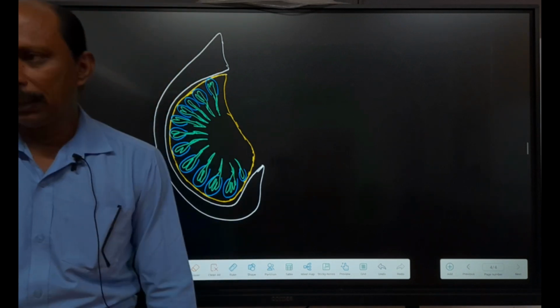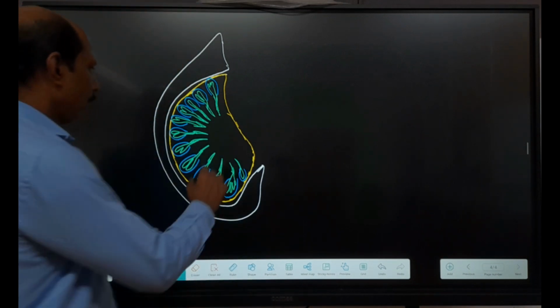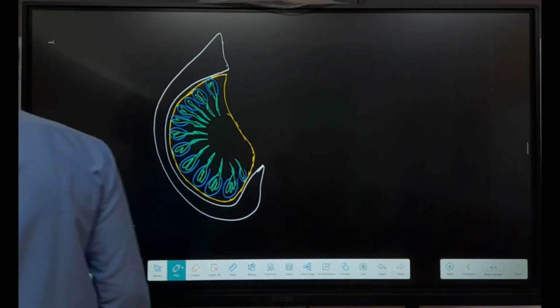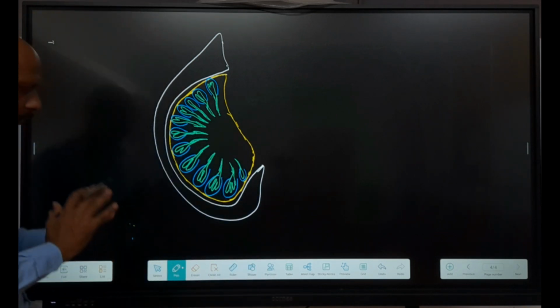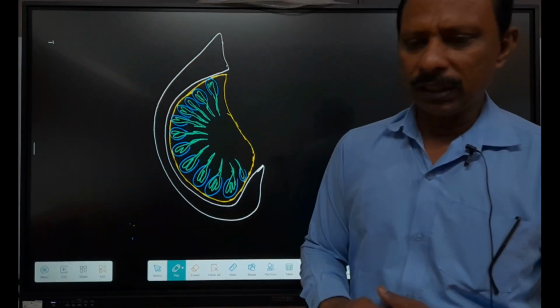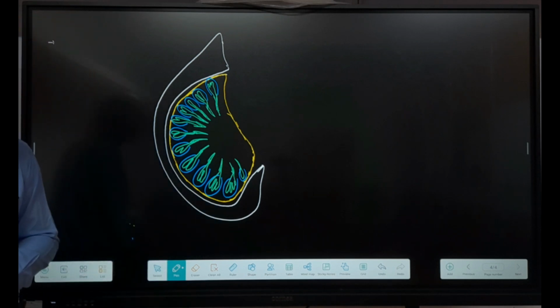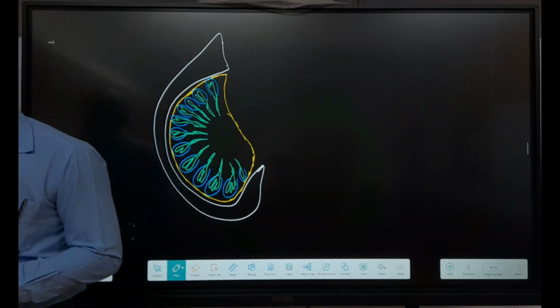And when these single straight ducts come into this region, they form the rete testis. They fuse with each other, and fuse means they fused and form a network-like structure, and this fused network-like structure is called rete testis, right?